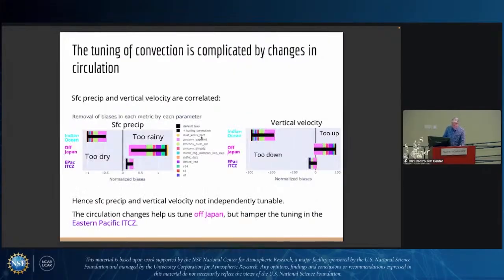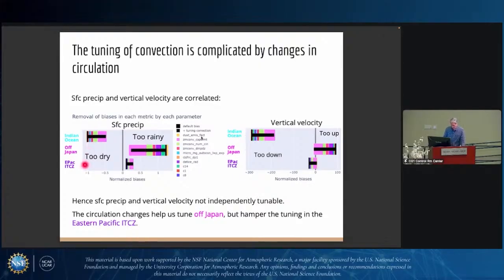Why is that? Well, we notice here that the Indian Ocean, it's too dry to begin with. It becomes moister through tuning, more rainy. Off Japan starts off too rainy and becomes drier, which is beautiful. And these parameter values, they have a remarkable similarity, but with the opposite sign. So this pink is like that pink, this lime is like that lime, and so on.